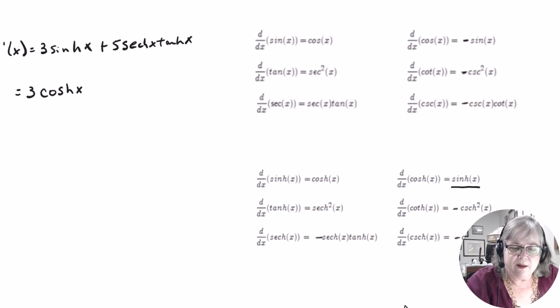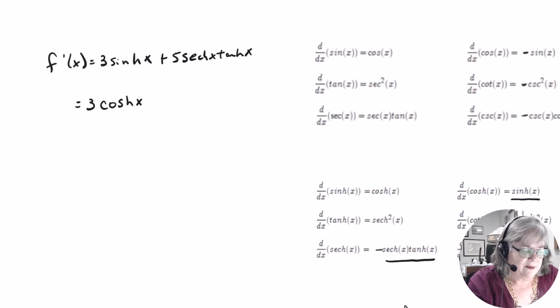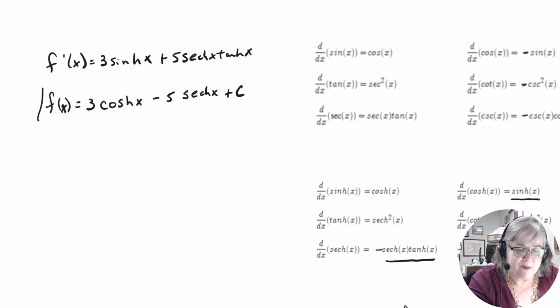Then we took the derivative of something and got hyperbolic secant x, hyperbolic tangent x, and we want a negative, is what we would have done. And we ended up with a positive, so we have another negative, if that makes sense, because you would say this is negative 5 hyperbolic secant plus c. And remember to title it f of x, not f prime. Don't forget the plus c.